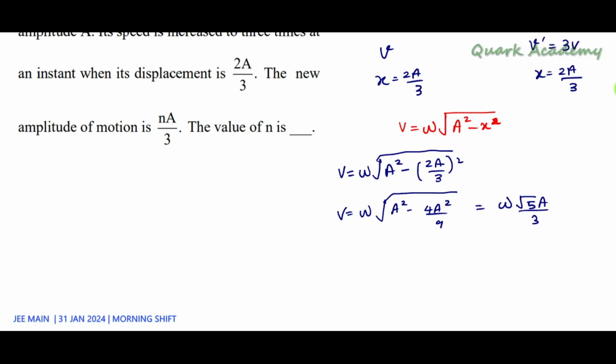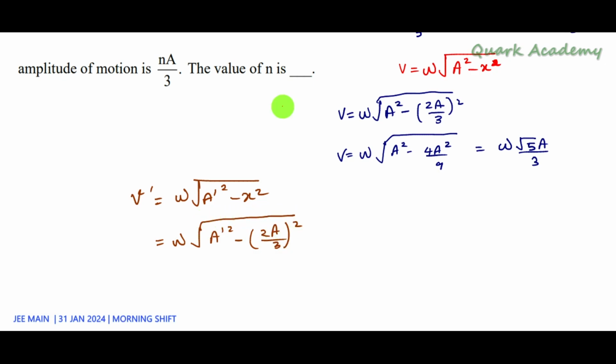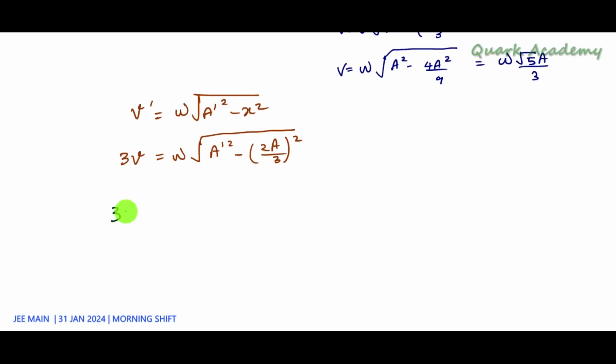Let's do the final case. V dash is equal to omega into root of a dash squared minus x squared, so omega into root of a dash squared minus, instead of x, 2a by 3 whole squared. And this v dash, I can write as 3 times V. And this V we know, so let's substitute 3 times V, where V is omega root 5 A by 3.